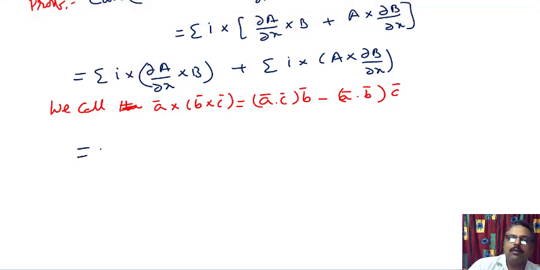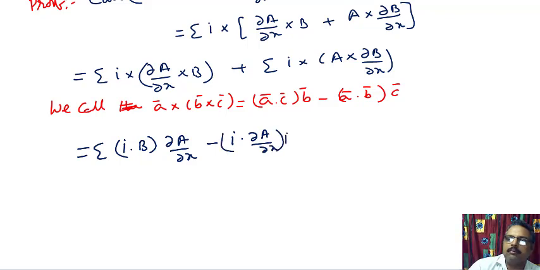Sigma. First this is A, this is B, this is C. A cross B cross C. First one and last one: i dot B into dou A by dou x. Minus A dot B, first two: i dot dou A by dou x into B.